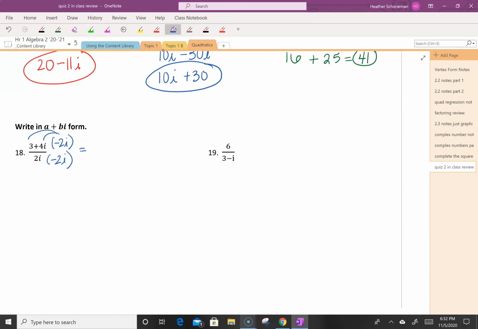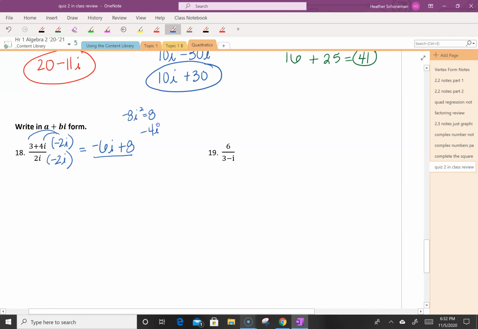I've got negative 2 times 3, which would give me negative 6i, and then negative 2i times 4i would be negative 8i squared, which is positive 8. On the bottom, 2i times negative 2i is negative 4i squared, which is positive 4.